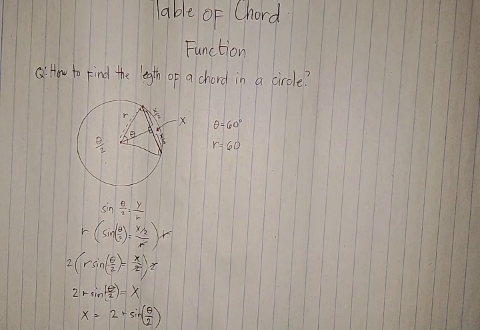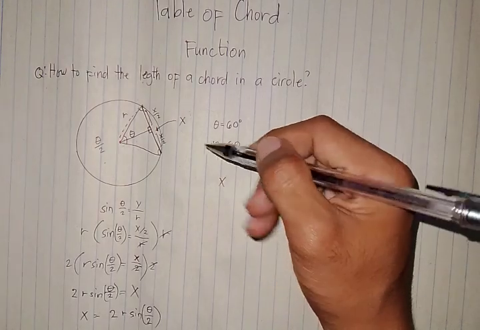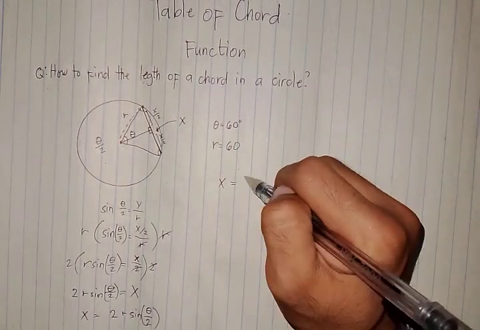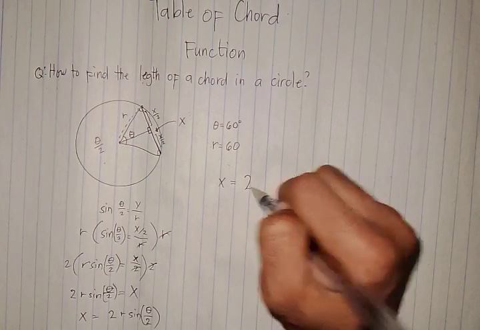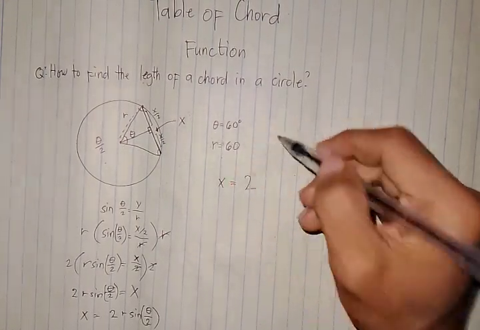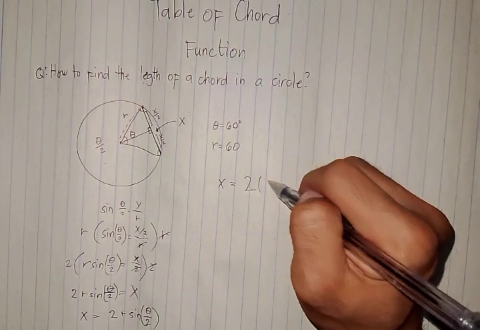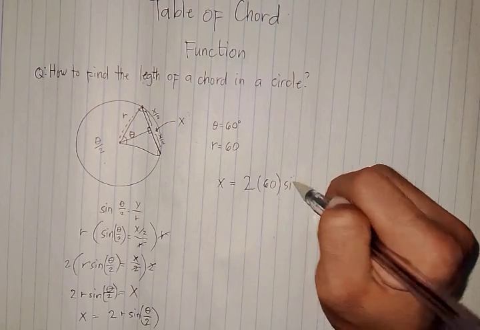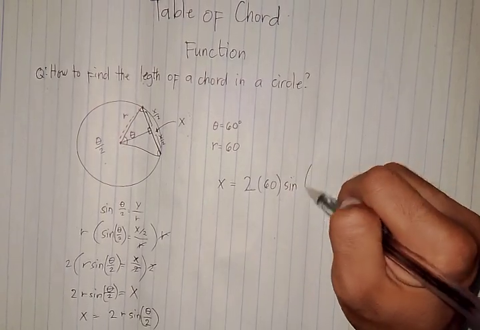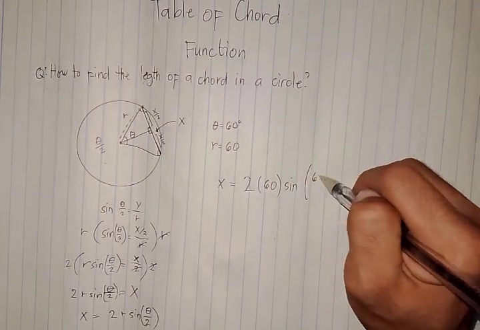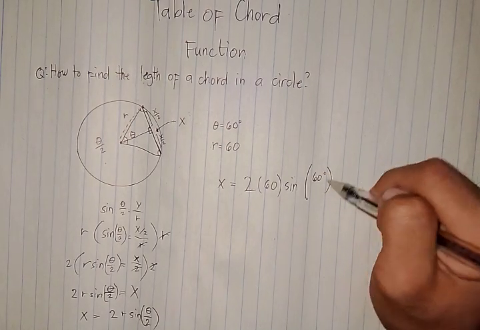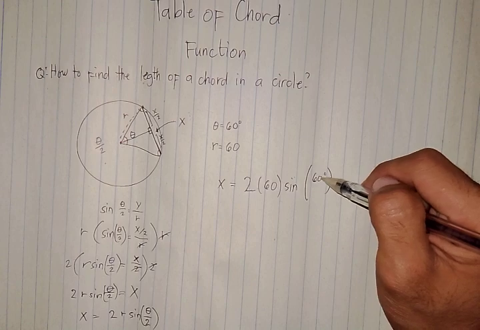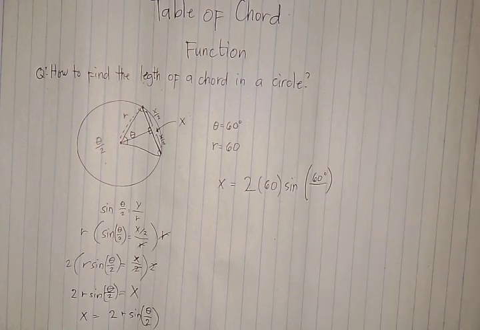So using this formula, x is equal to 2 times our radius, 60, sine, our theta is 60 degrees also. This is not a degree, this is units. This is 60 degrees over 2.